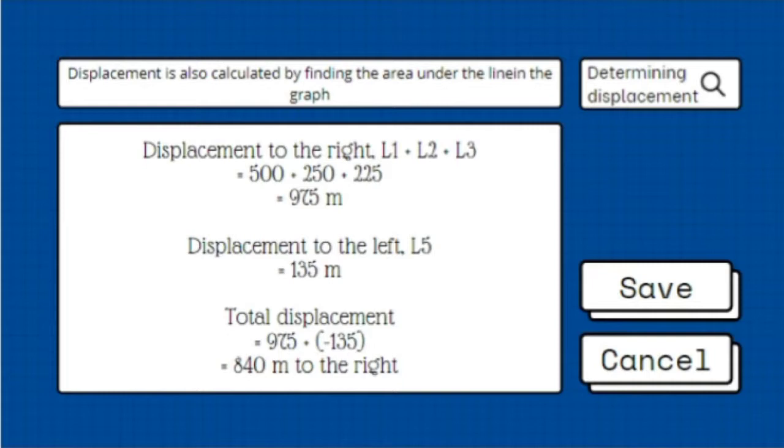For displacement to the left, L5 equals 135 meters. So the total displacement is 975 plus negative 135 equals 840 meters to the right.